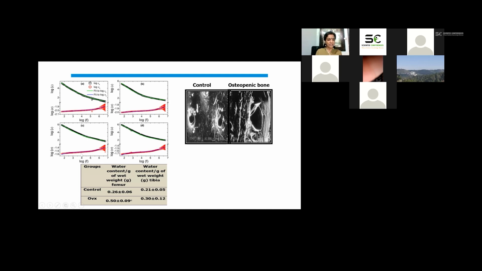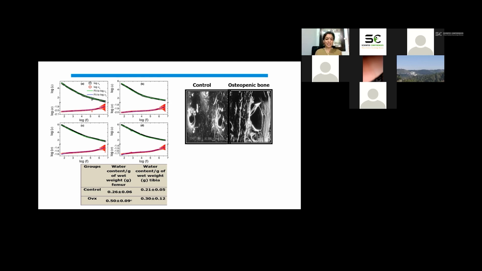If you compare, the conductivity in the case of osteopenic bone increases, because of the increase in the polarization mechanism. And there are a few other parameters as well, the permittivity parameter and relative permittivity, which we have correlated with how the arrangement of osteon changes. If that changes, that parameter will change.